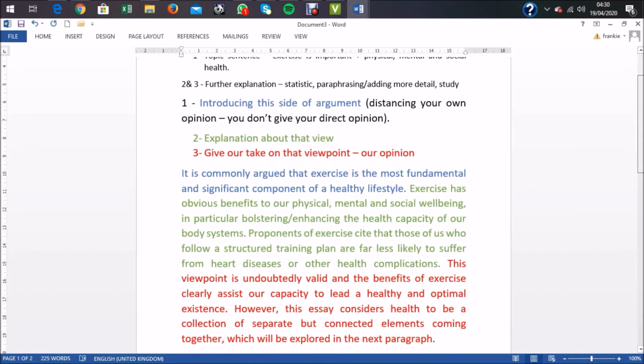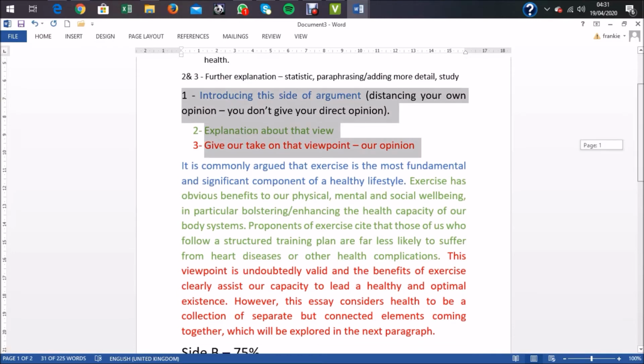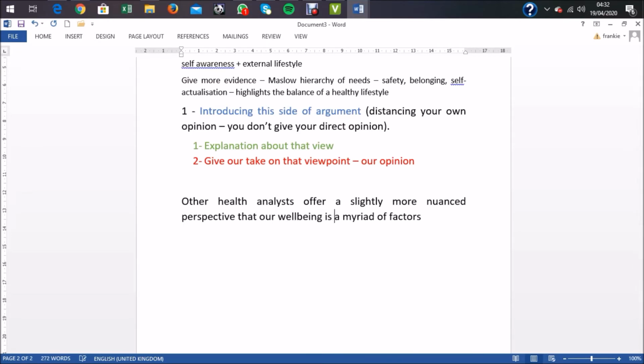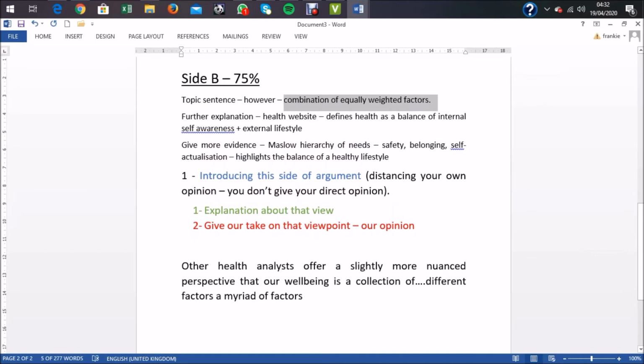Now it's going to be a similar structure, guys, to this first side of the equation. So other health analysts offer a slightly more nuanced perspective that our well-being is a combination of equally weighted factors.